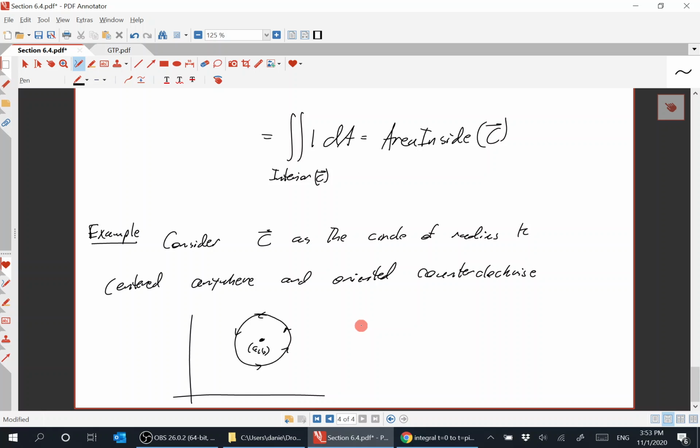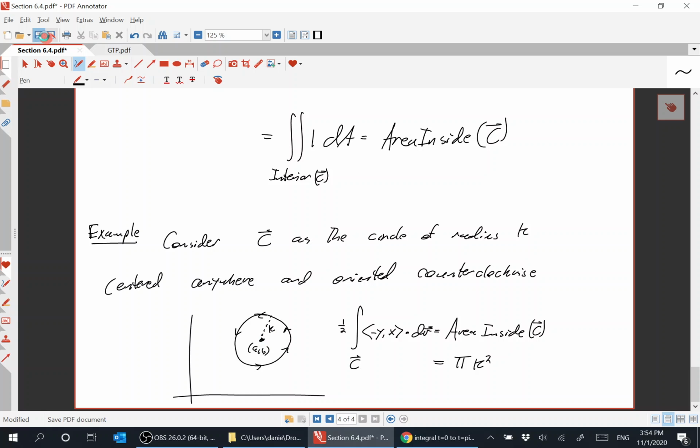In this case, the line integral, 1/2 of the line integral over C of that special vector field, minus y comma x dot dr, is just equal to the area inside C. And that's equal to what? That's equal to pi times the radius squared. Right?